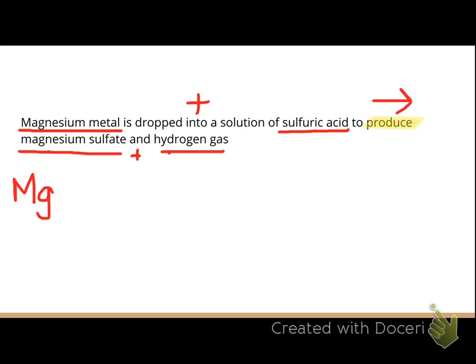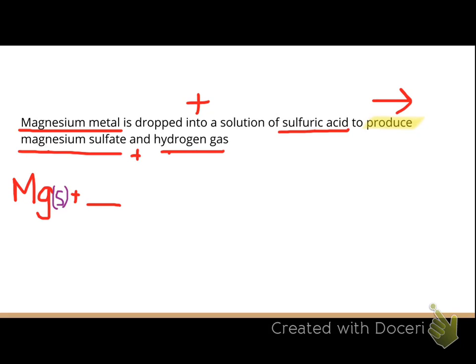If it is a metal, then what state of matter is it going to be? It's going to be a solid. Okay? So remember, we have to include those in there. I'm going to write those in purple for now, just so we know. I'm going to leave a little bit of space here in case we need to balance.